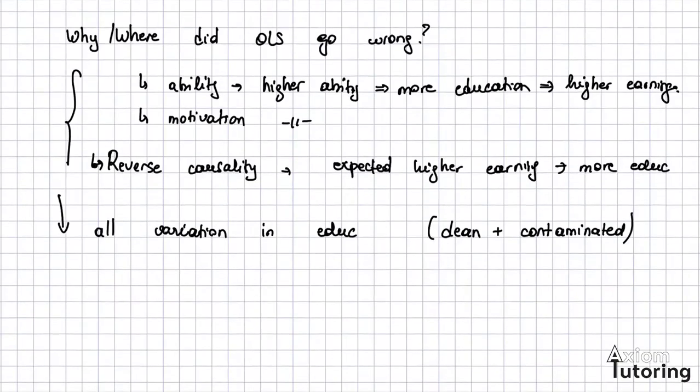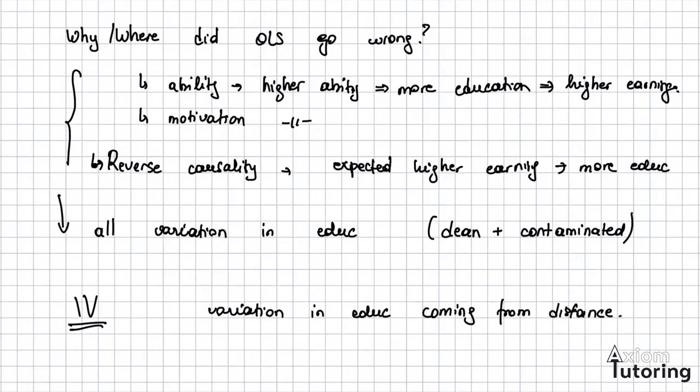Okay. Instead, what IV does is it uses only the variation in education coming from distance. Okay. So the variation is plausibly clean.